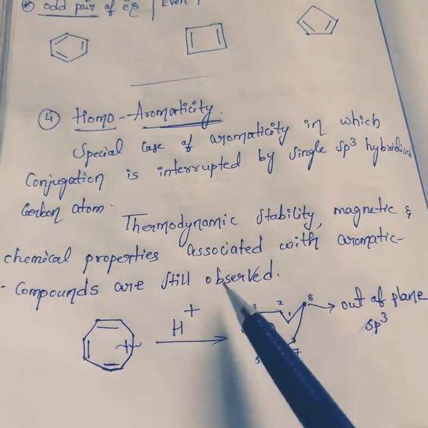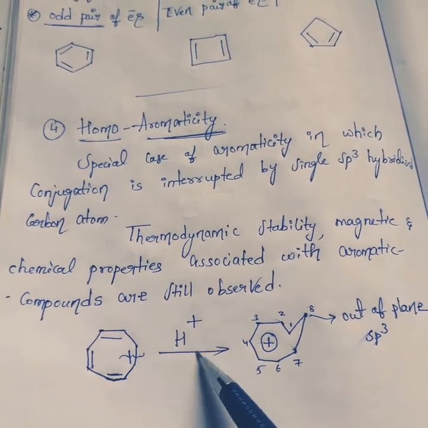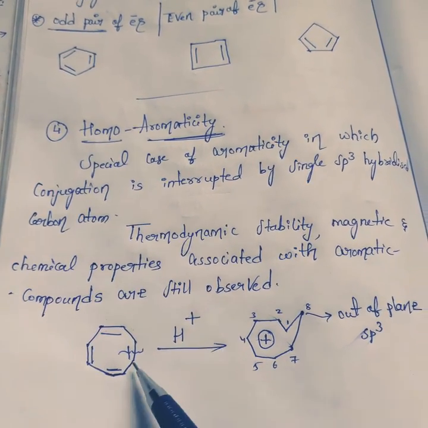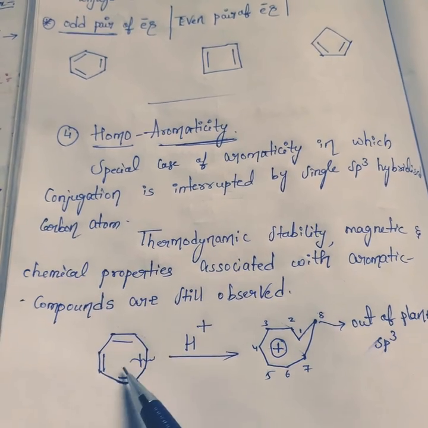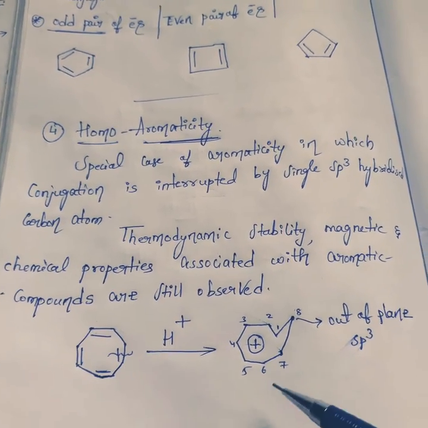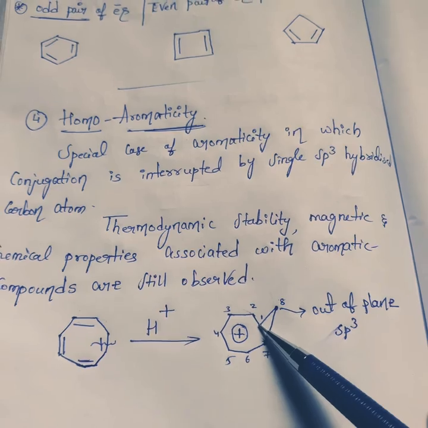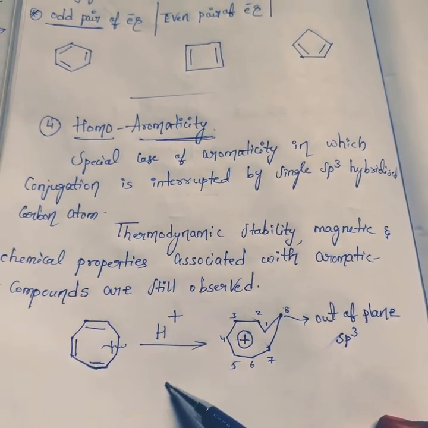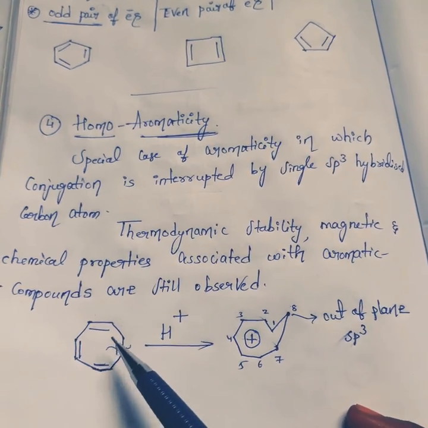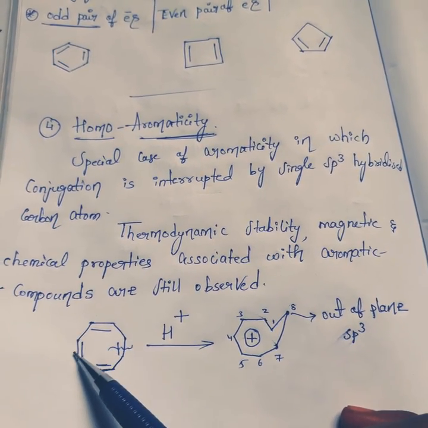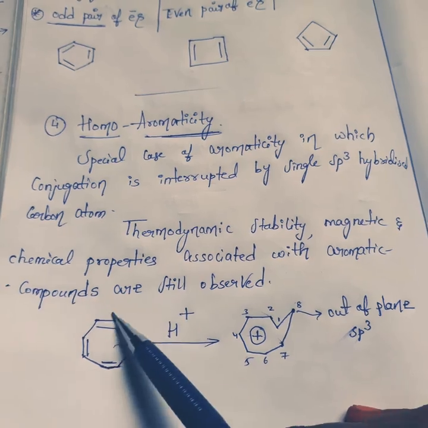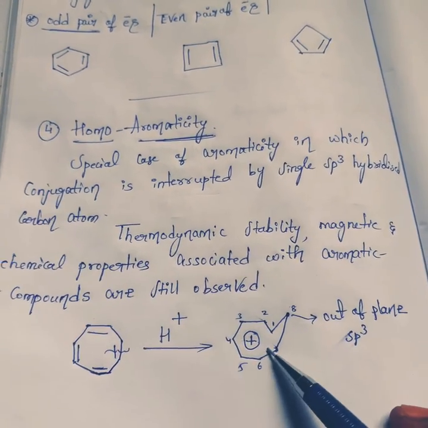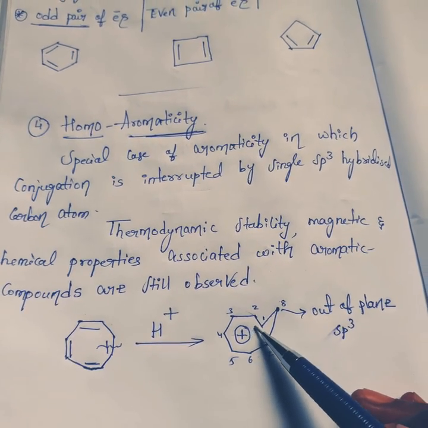One thing we have to remember, friends. Here they have mentioned H plus, meaning acidic medium. In acidic medium one of the double bonds is getting cleaved, and one carbon is moving out of the plane. This is an 8-membered ring, cyclooctatetraene. In acidic medium, if we observe this, we will come to know.